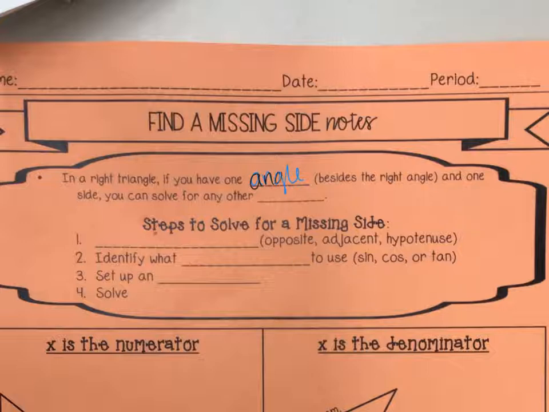If you have one angle besides the right angle, so talking about a reference angle, if we have a reference angle and one side, you can solve for any other side. Very good. You sure can. So if we have a reference angle, and at least one of the sides, we can solve for any of the other ones.